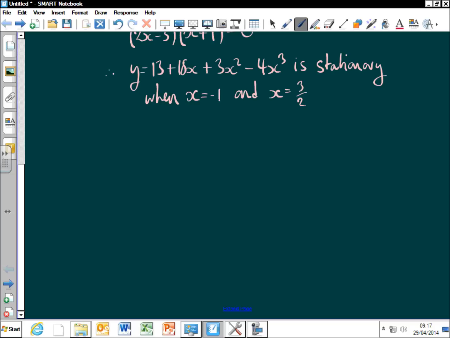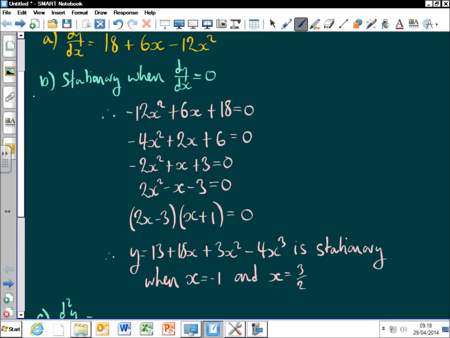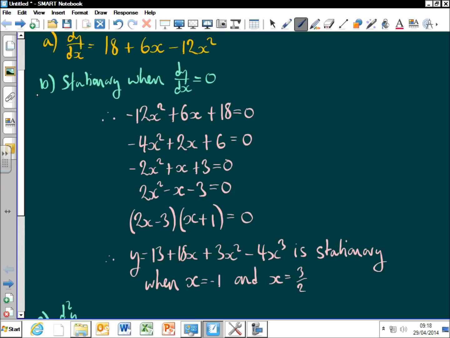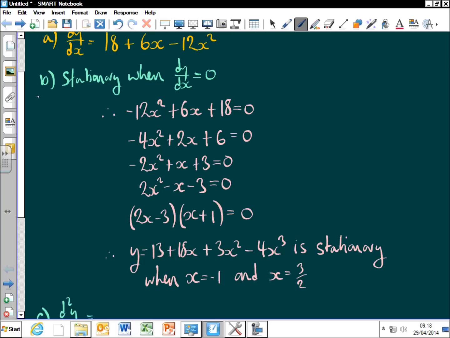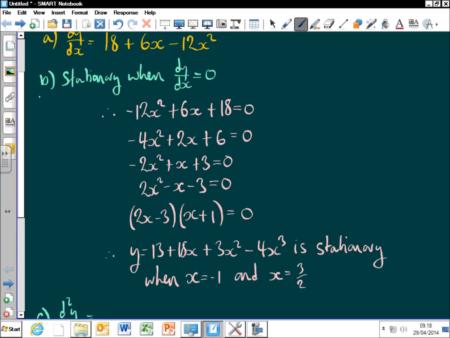Now for part C, we want to find d2y/dx2, the second differentiation. So I'm going to differentiate what I had before, 18 plus 6x minus 12x squared. The 18 is going to go, the 6x is going to go to 6, and the -12x squared is going to go to -24x.